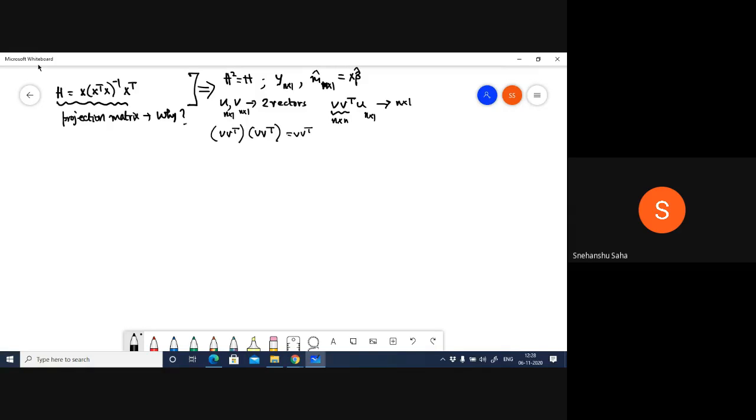Because if I open this up, this v transpose v is nothing but 1. So this becomes vv transpose. So therefore, what am I saying? I am saying that vv transpose is idempotent.